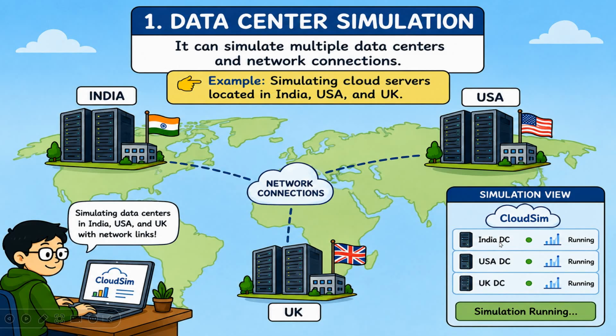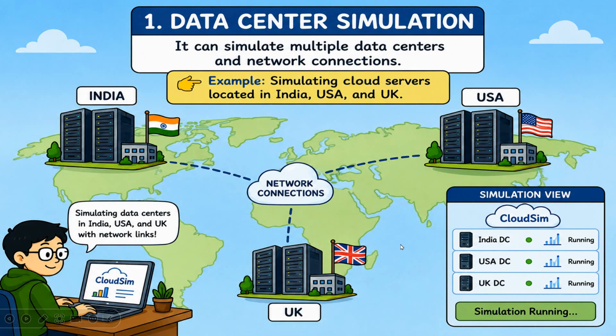And here on the right side you can see it is displaying a simulation view where all the three data centers are showing running successfully. So this indicates that CloudSim can monitor the performance and the status of multiple data centers at the same time.